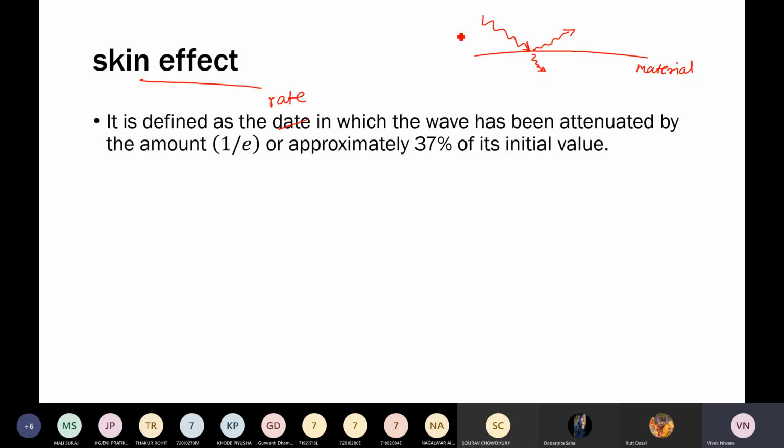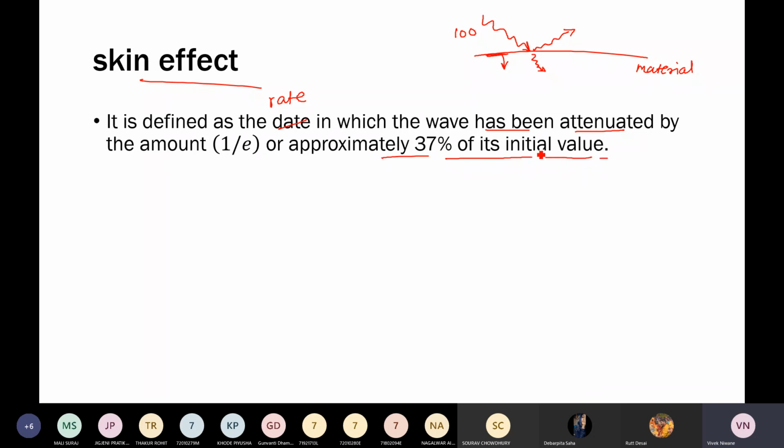And if I say we have 100 power in the incident wave, then the depth inside the material, it is nothing but the skin effect, where the wave has been attenuated by approximately 37% of its initial value.